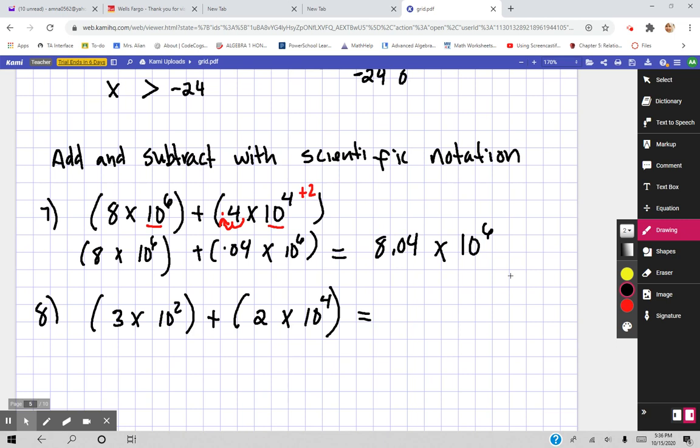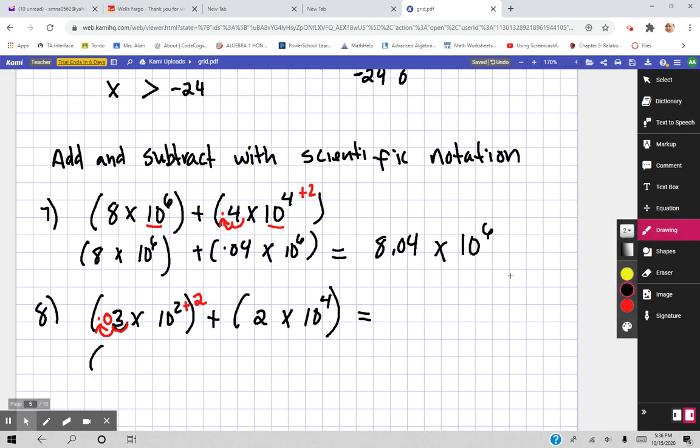So we have to have matching powers since we're adding. So that means this one, we're going to add 2 here. Okay, we just made this bigger by 100. So we have to make this smaller by 100 by dividing, by moving the decimal 2 places to the left. Okay, if you make the back number bigger, you got to make the front number smaller.